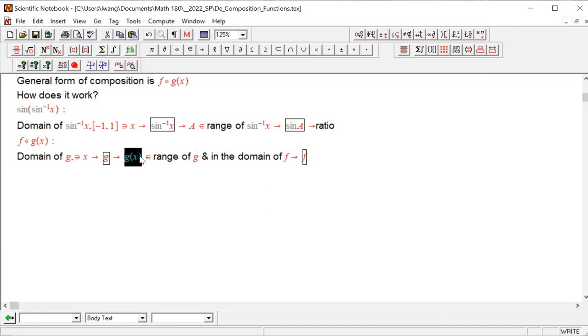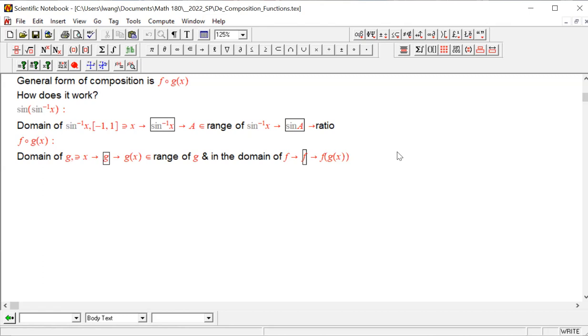So G of X, as the output from the first round, we're going to take and use as input for F. So it produces eventually F of G of X. So this is the flow.